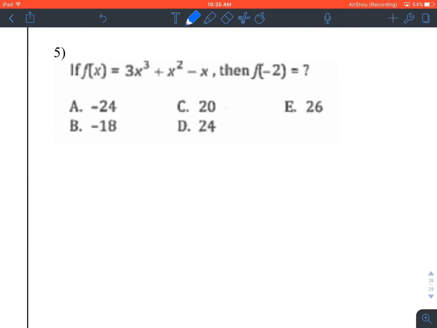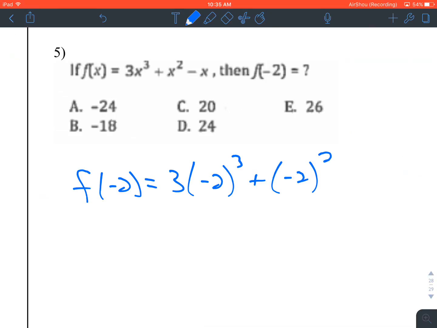Number 5, just another example. We're supposed to put a negative 2 in for x. When you substitute, use, that's right, parentheses. So a negative 2 cubed means a negative 2 times itself again. 2 times 2 times 2 is 8.